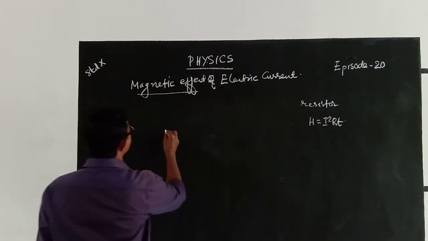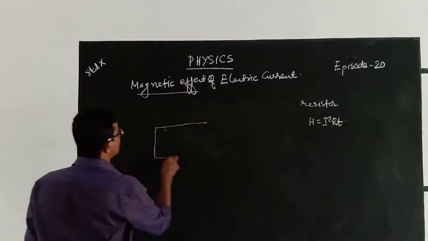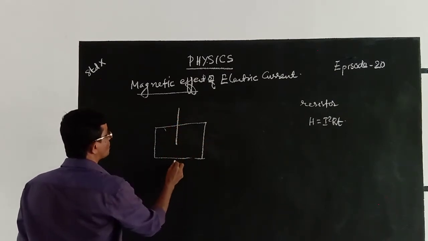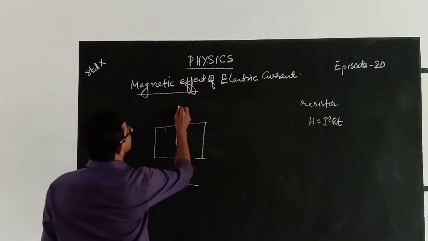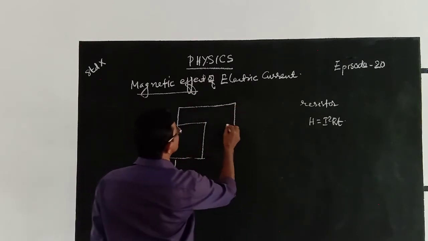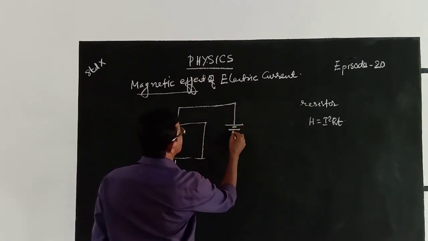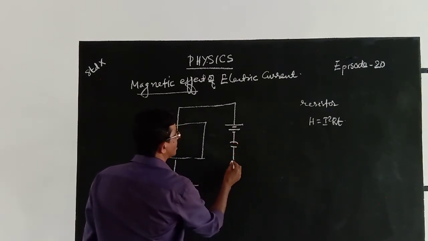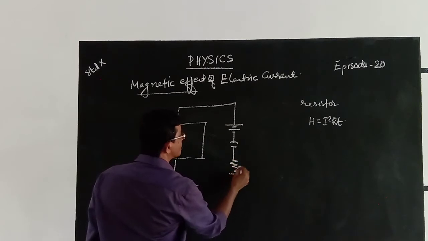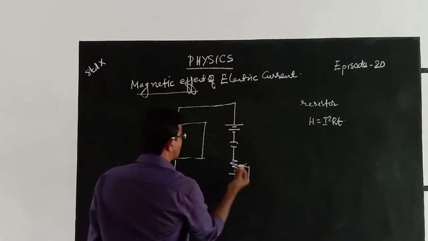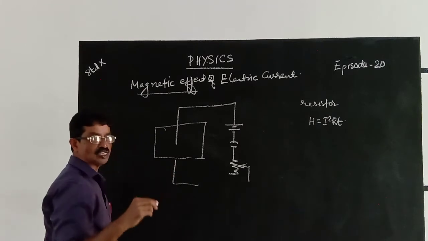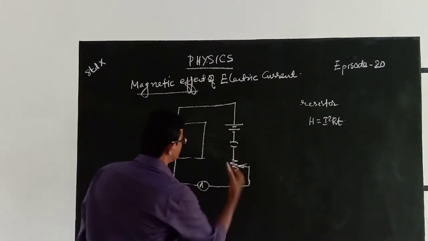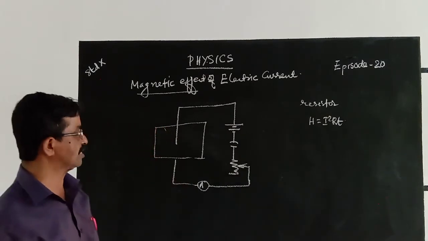In that activity, a cardboard and a straight thick wire passed through it are used, and this wire is connected to a battery, then a plug key, then a variable resistor, and if you want to measure current, we can connect an ammeter also.